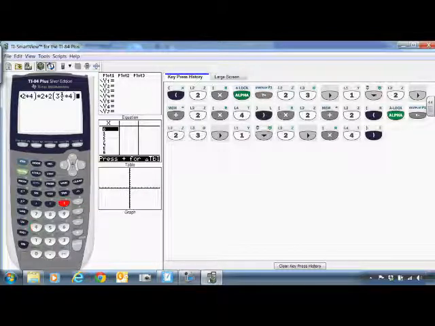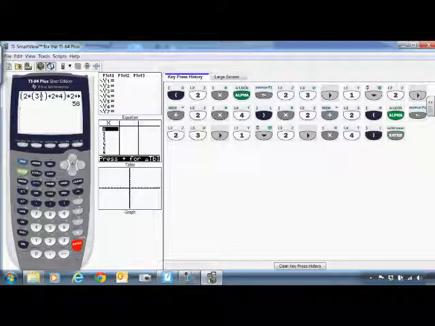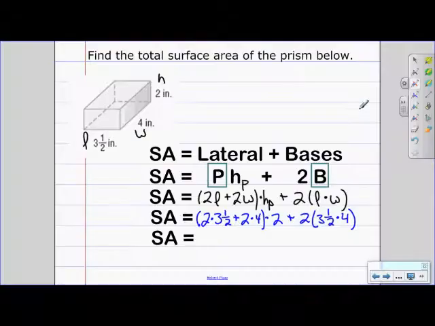Close parentheses. Now once I hit enter, I will have the surface area of my prism, 58. Now let's go back to our question. So the surface area of our prism is 58 inches squared.